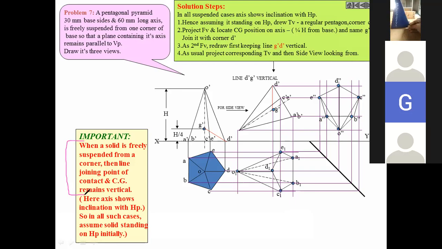So its CG would be somewhere here inside the solid. If I lift up like this, then see what is happening. If I am lifting up with my corner, then the line joining that lifting point and CG, which is somewhere here, remains vertical.